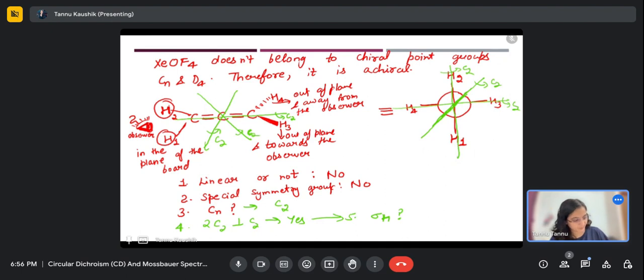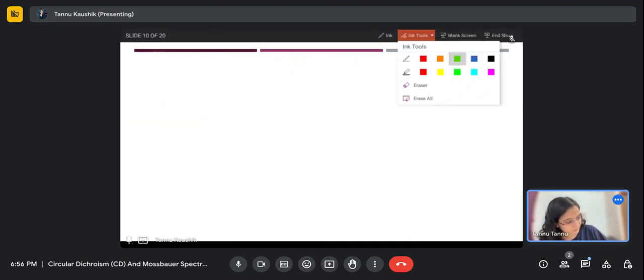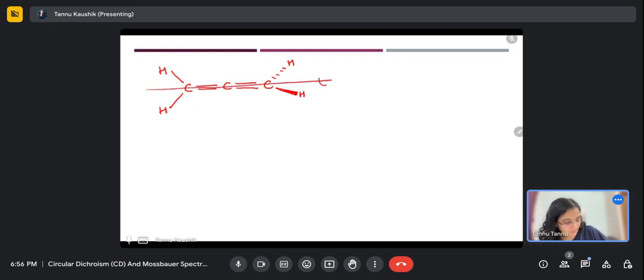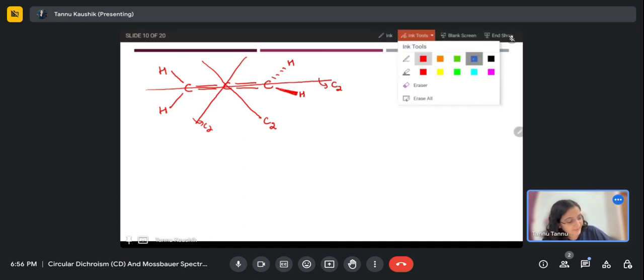So here I'm drawing it again. So in this molecule, we have dihedral planes.